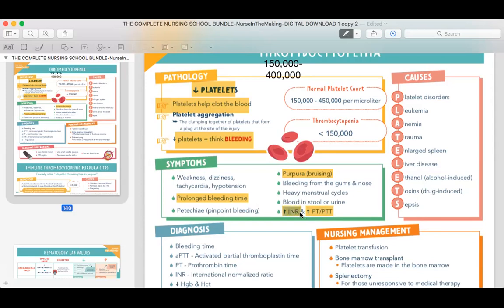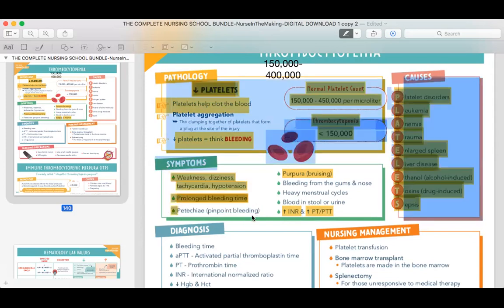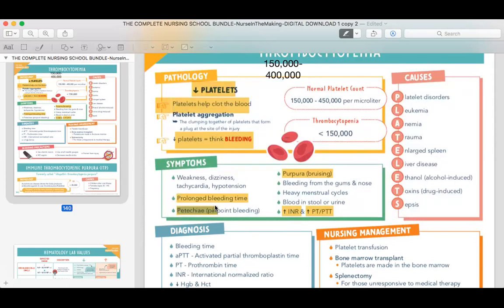Your INR is going to be elevated because you're taking longer to clot. Petechiae, which are little red dots in your skin. They look like red dots. Bleeding from the gums, bleeding from the nose, blood in the stool and urine.